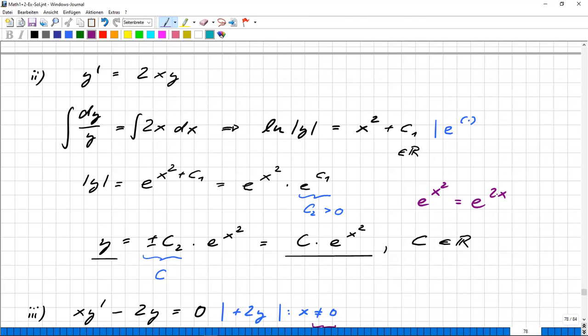Well, most probably they think of the power law, which says that it might be e to the power x in parentheses, then squared. So actually, this is something very different. And indeed, in this case, it's equal to e to the power 2x.